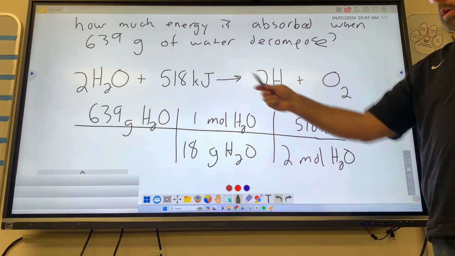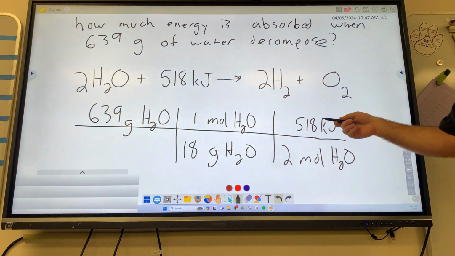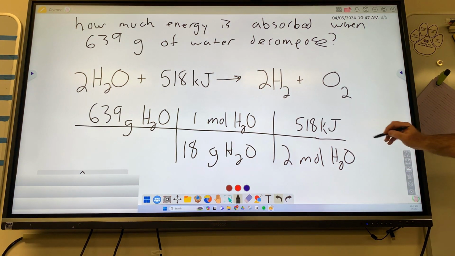Where in this equation, 2 moles of H2O is equivalent to 512 kilojoules. We do the math. We come up with 9195 kilojoules. And now we have an energy number. We need to be careful of the sign. What kind of process was this, endo or exothermic? Endothermic. What will our number be? It will be positive energy.